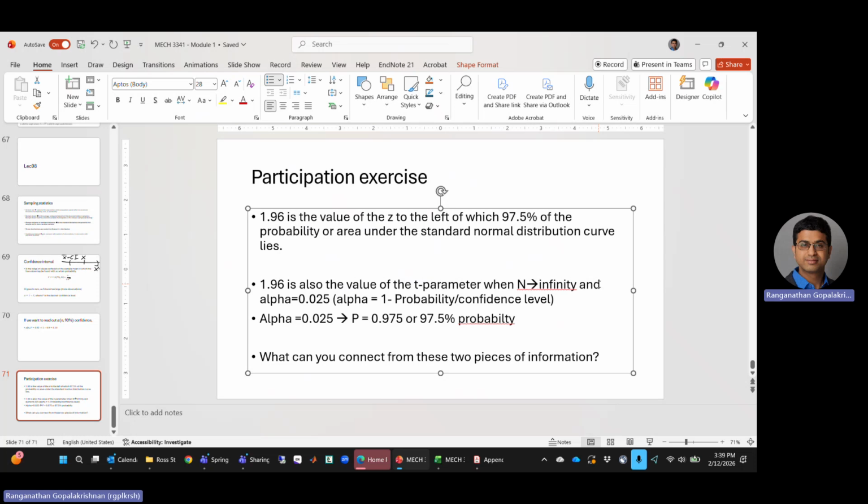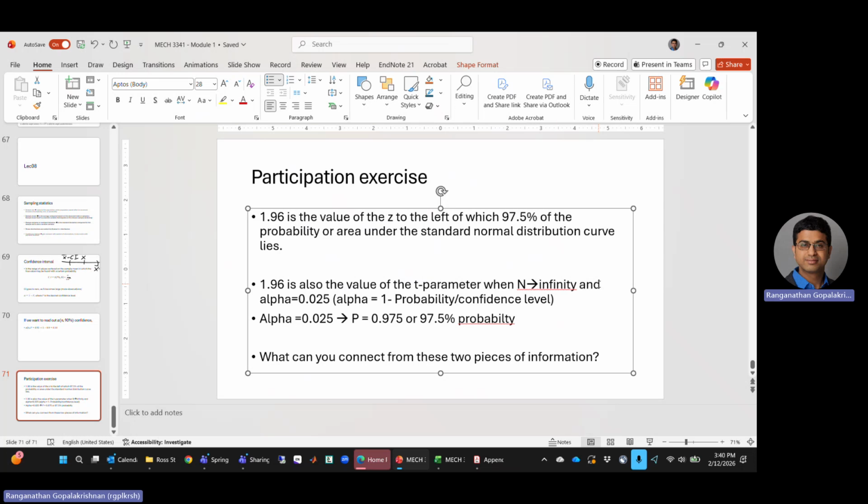In both cases, the probability value is the same. That is, to the left of 1.96 lies 97.5% of the values. In the second table, we say if you made an infinite or a large number of observations, the correction factor is 1.96 if you want 97.5% confidence, or if the interval has to contain 97.5% of your values.